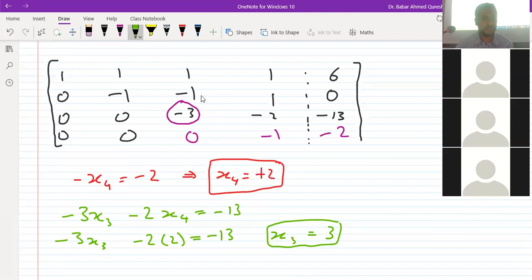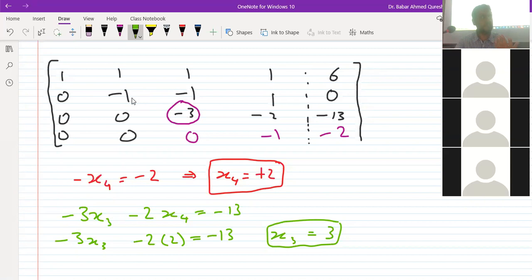And I put a 3 over here. 3 times -3 is a -3. And you are adding over here. It's an equation. -3 plus 2 is a -1. And this is a coefficient of -x2. So that equation is saying -x2 minus 1 is equal to 0.